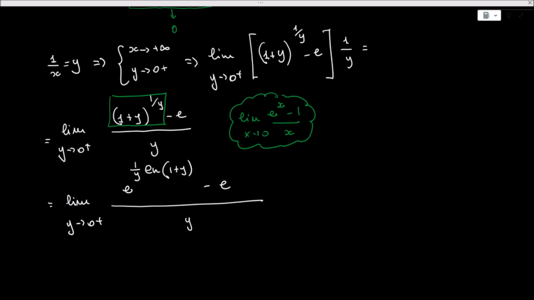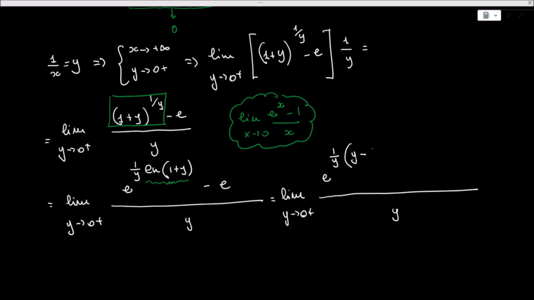This will become the limit as y goes to 0 plus of, of course we have y here, and we have e raised to the 1 over y, and instead of the logarithm, we will be expanding the logarithm of 1 plus y into y minus 1 over 2 y squared plus little o of y squared.